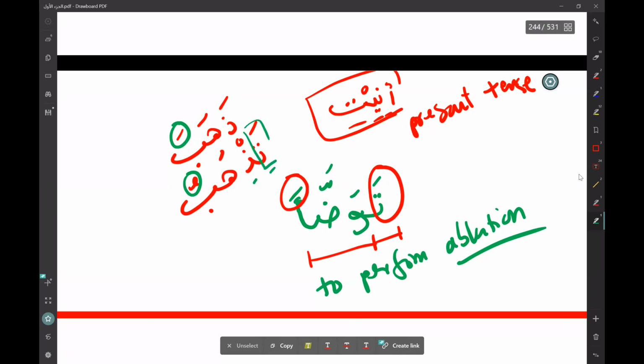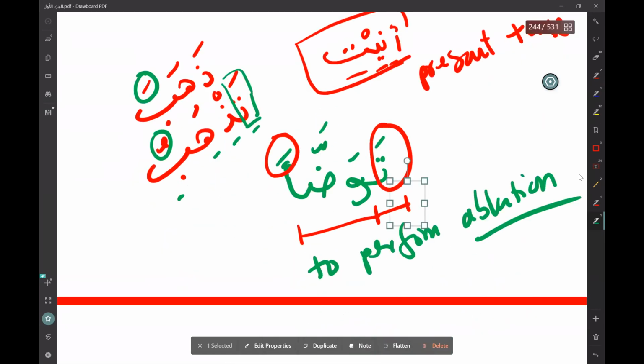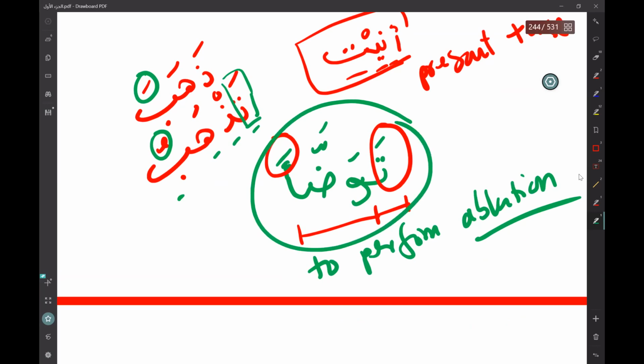So how many letters do you have? 1, 2, 3, 4. Here, let's see how many letters we have. Who can tell me exactly how many letters we have here? Think about this and tell me. Be careful. Yes, we have 5 letters. How so? Because we have a shadda. You understand? So in this kind of situation, the ta belongs to the past tense.